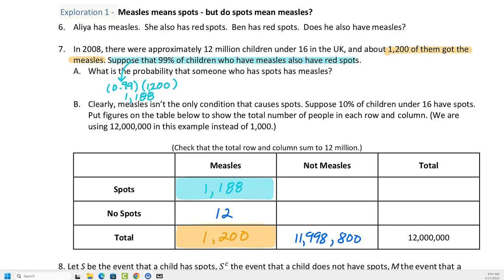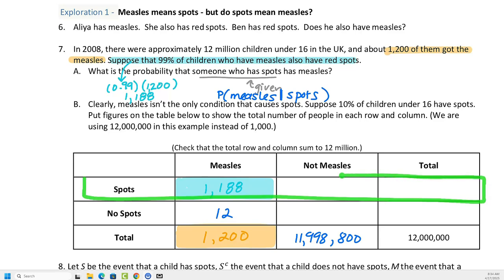The given is that someone who has spots has measles, so we're going to be looking for the probability of measles given that they have spots. So if they have spots as the given, that means we're looking at this row right here. Uh-oh. We can't do it, can we?